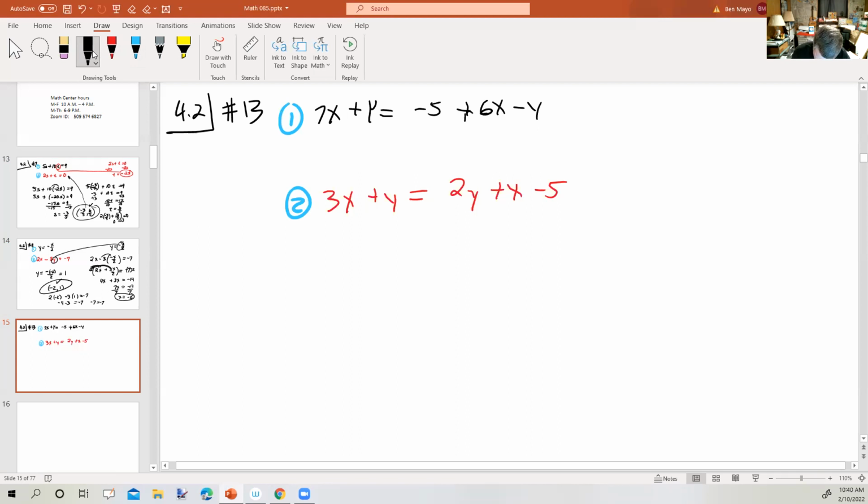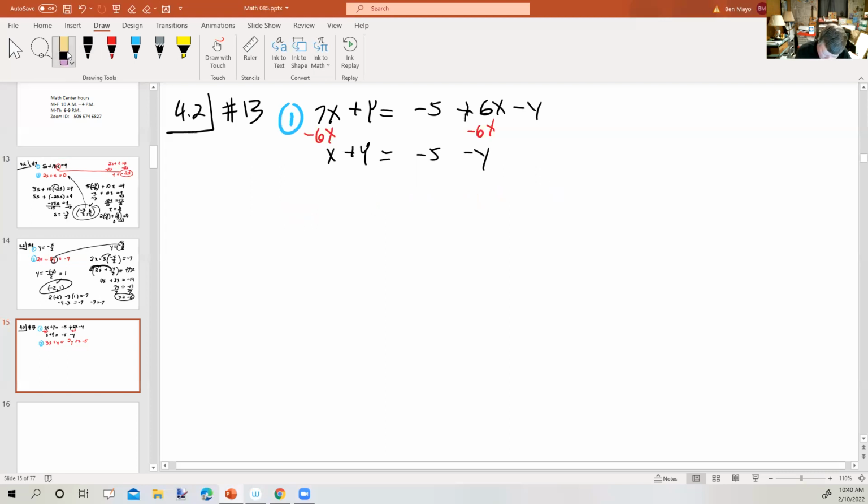So I'm going to subtract 6x from both sides. That will give me x plus y equals -5 minus y. Tell you what, I'm going to get rid of equation 2 and we'll come back to it in just a minute when we have more room. Let's see, then I'm going to add y to both sides.